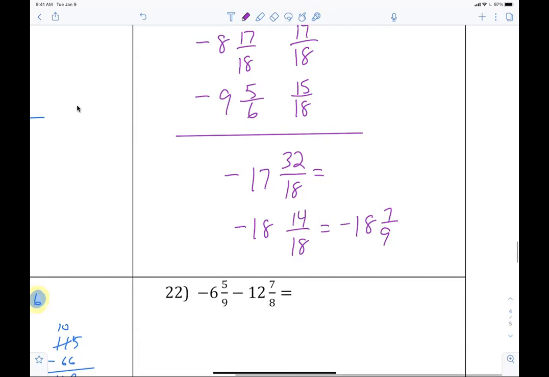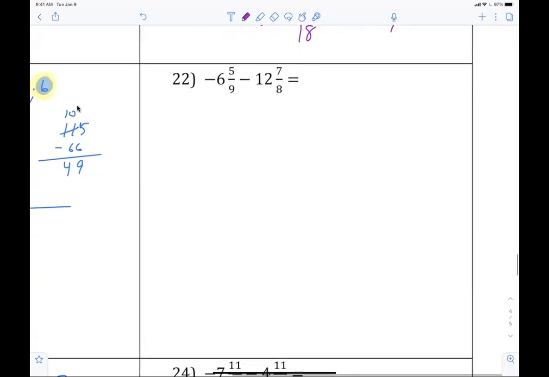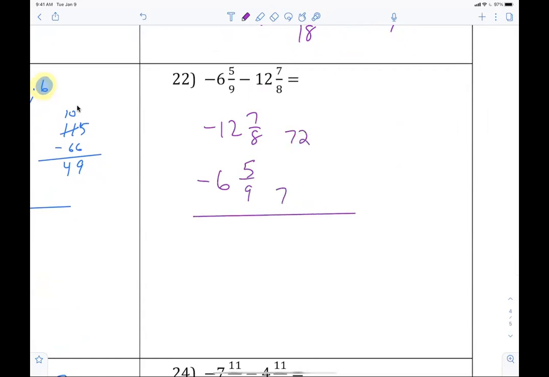All right. Let's try 22. James, 22, are we adding or subtracting? We are adding, right? What's the common denominator? Maybe 72. You're amazing. All right. Fix the fraction for me.